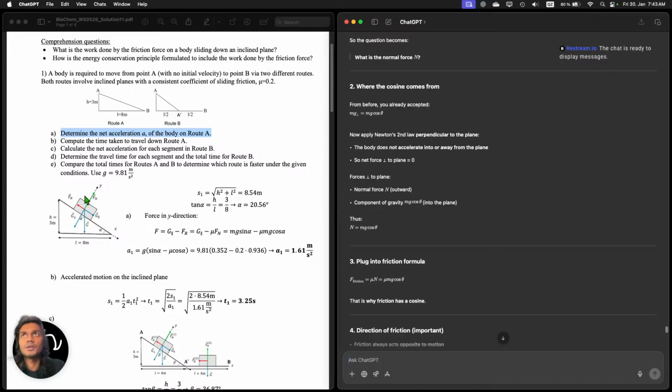Normal is going to be mg cos theta. Mu mg cos theta. F is equal to ma. We cancel.